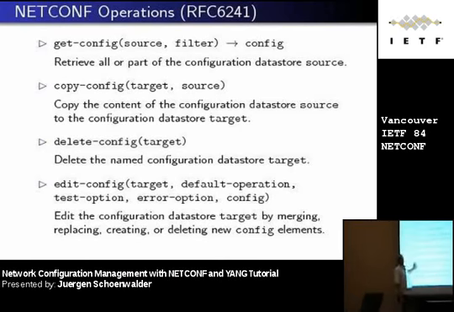The most interesting configuration operation is called editConfig. And editConfig is essentially applying a patch to the data store you run editConfig on. So the first argument here is the target data store. So I want to change the running config, or I want to change the candidate data store.